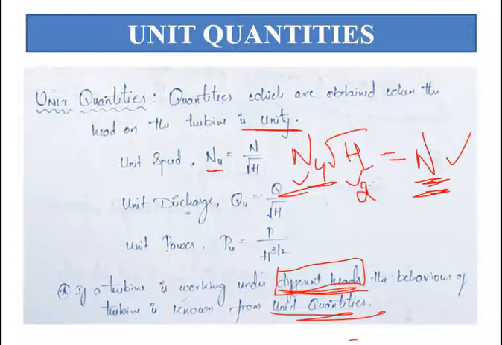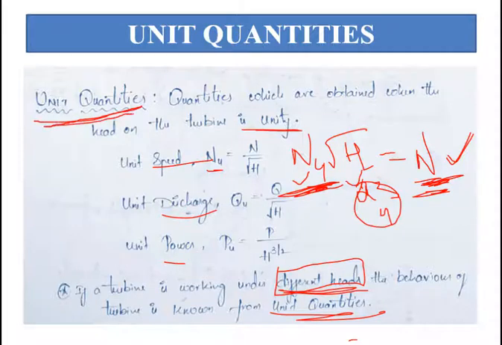If you are substituting different heads like 2, 3, 4 here, and if you know the unit speed of that particular turbine, you can find the speed of that particular turbine. You can know the quantity of that particular turbine. So speed, discharge and power can be found if you know the unit quantities. Clear? And if you substitute different heads, then you can know the behavior of the turbines. Clear? Thank you.